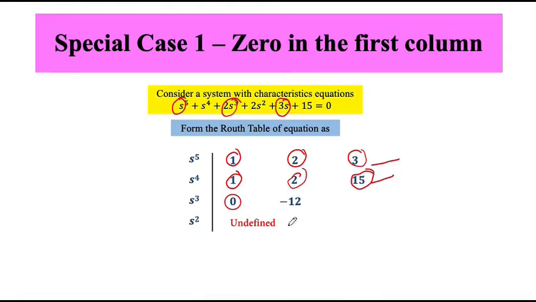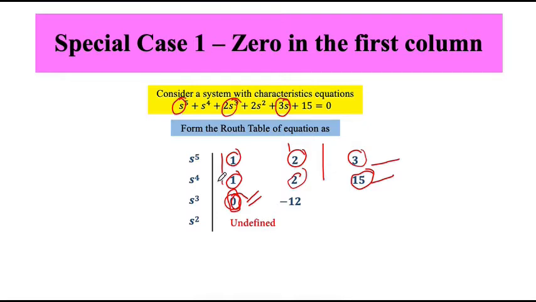Now something strange happens here. If I look at this matrix, the determinant is 0. So something strange is here, and this is a special case where there is a 0 in the first column. What do I do? Do I just leave it here or say there is no answer to this problem?